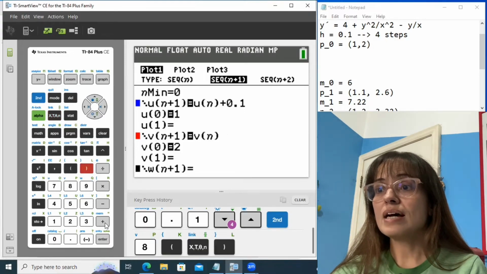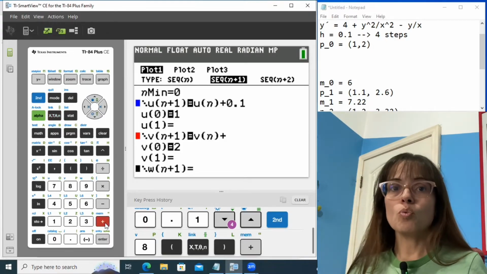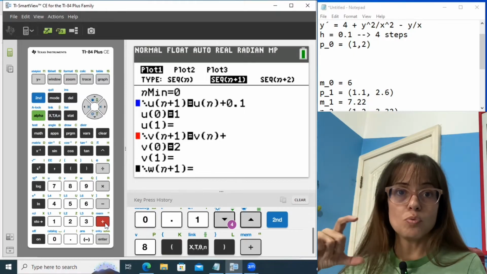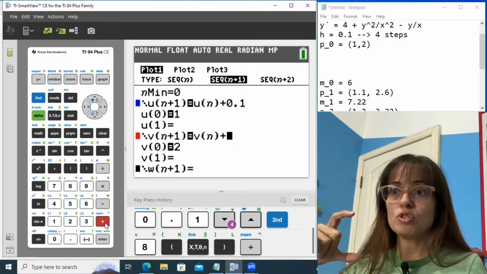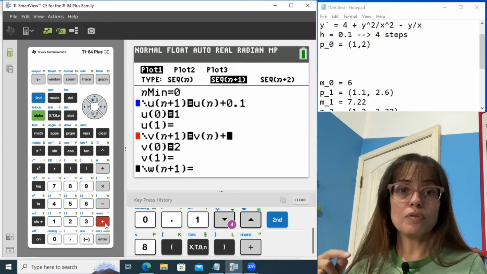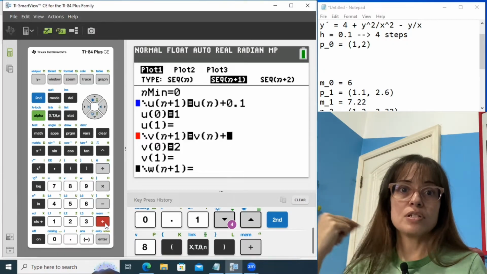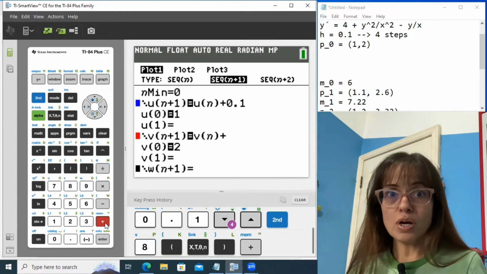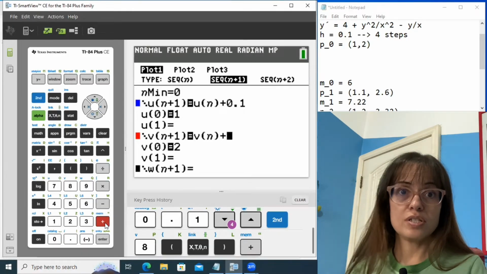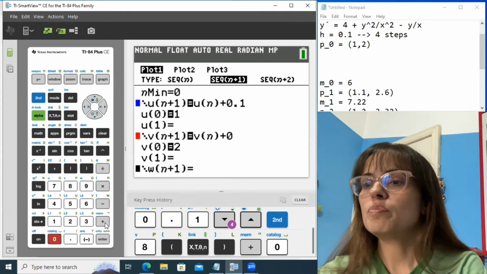And now we need to add something to that. What we need to add is the rise of the triangle that we've been talking about. And I mentioned a couple of times that rise is run times slope. The run is the step size, which is the 0.1 that we've been using.